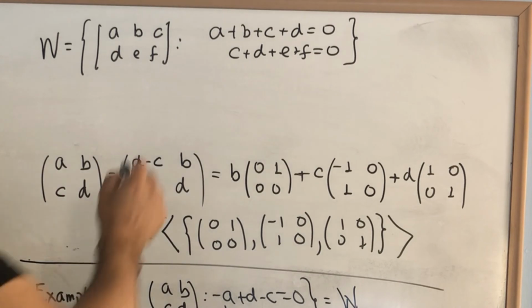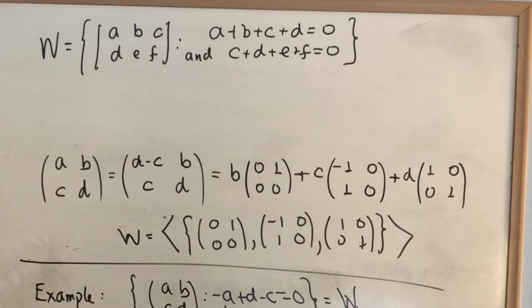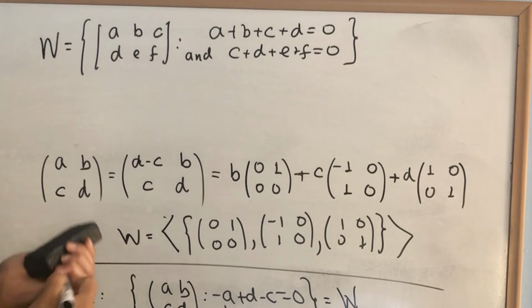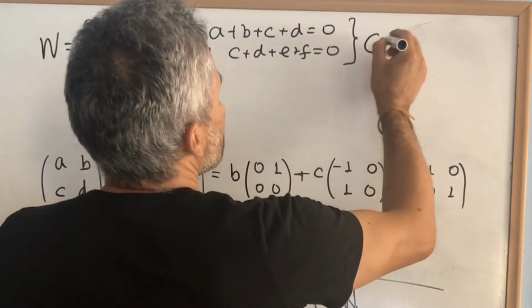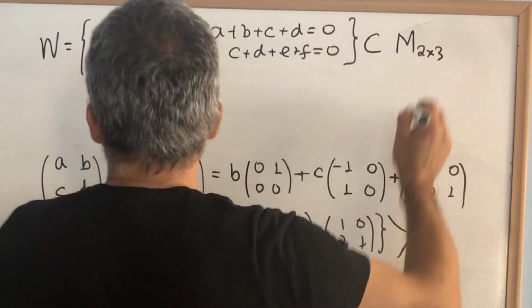These are two equations, and let's try to write this subspace as the span of some matrices. Notice that we are thinking of this as a subspace of 2 by 3 matrices.